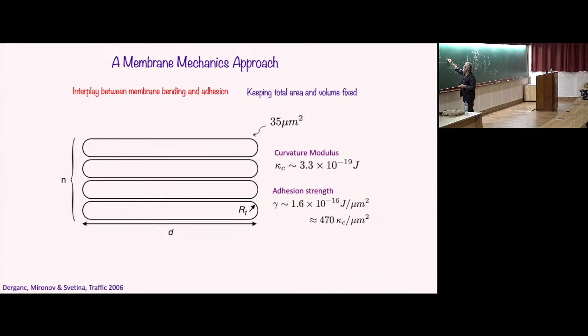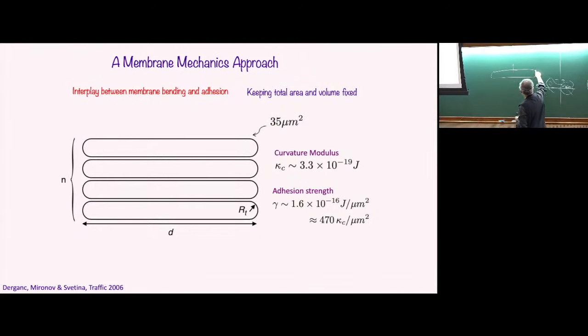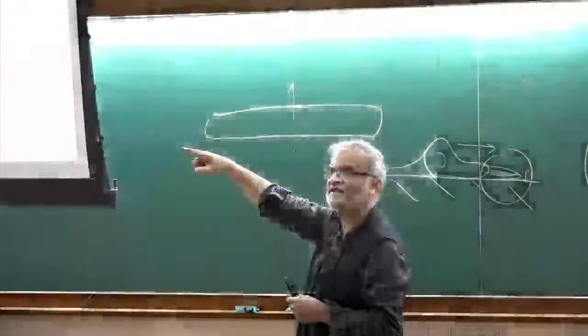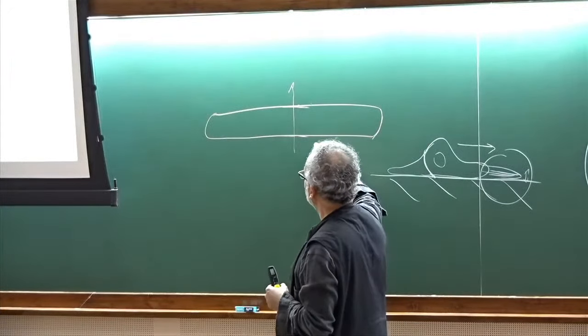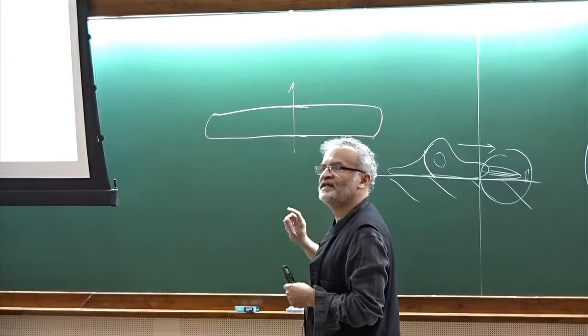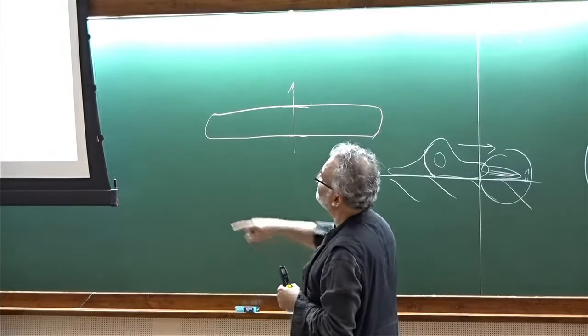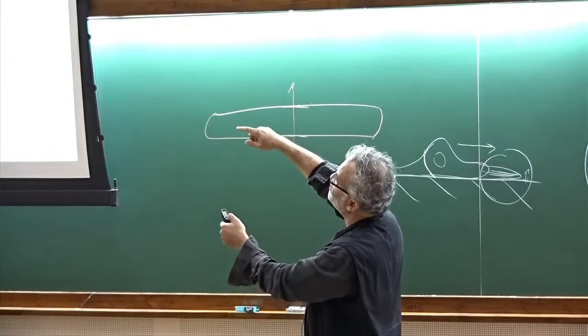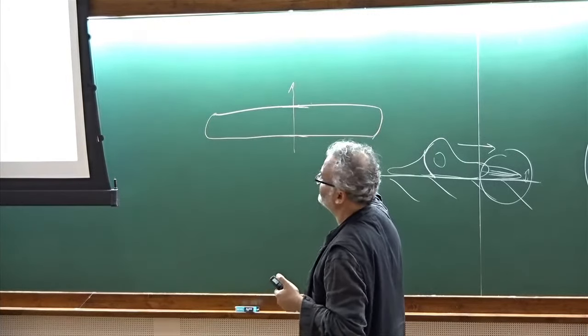The radius of curvature of this side, there are two radii of curvature. One is this radius, which is d by 2. The other is this radius, which is r of t. So I can calculate what is the energy of this configuration. Just look at the curvature energy alone. And I've given you what the bending modulus is, so I can calculate this exactly.